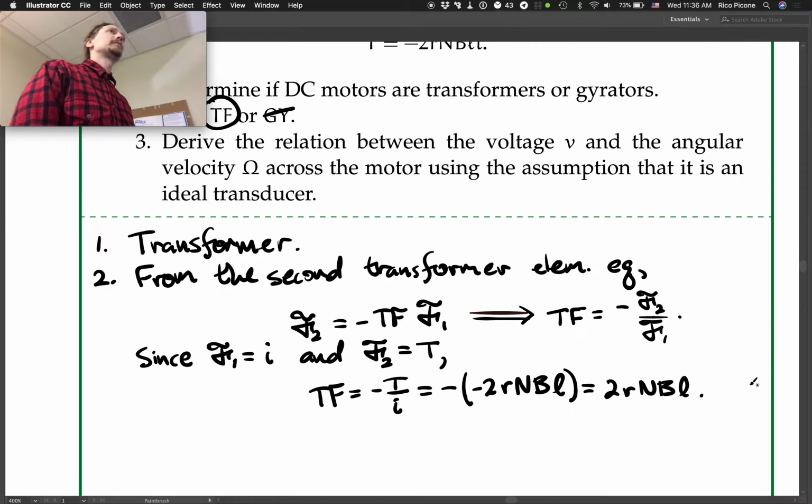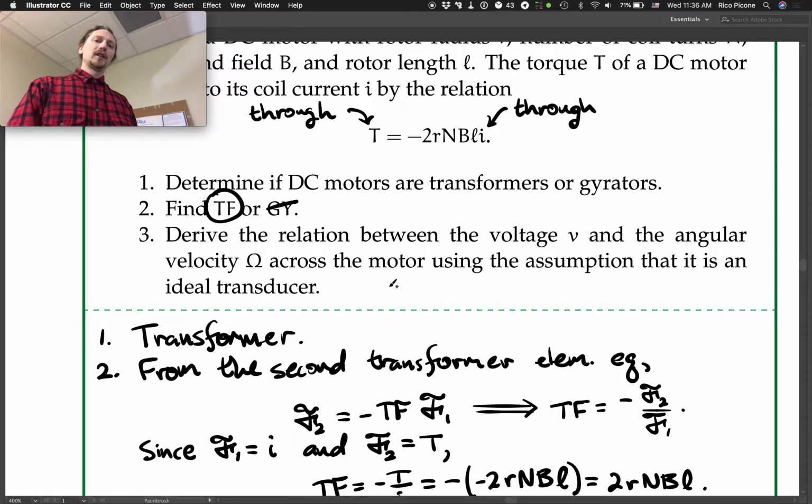We could have done that by inspection too, because this equation looks a lot like this equation. We could just say T is F2, I is F1, TF is 2RNBL. It's good to go through the exercise once.